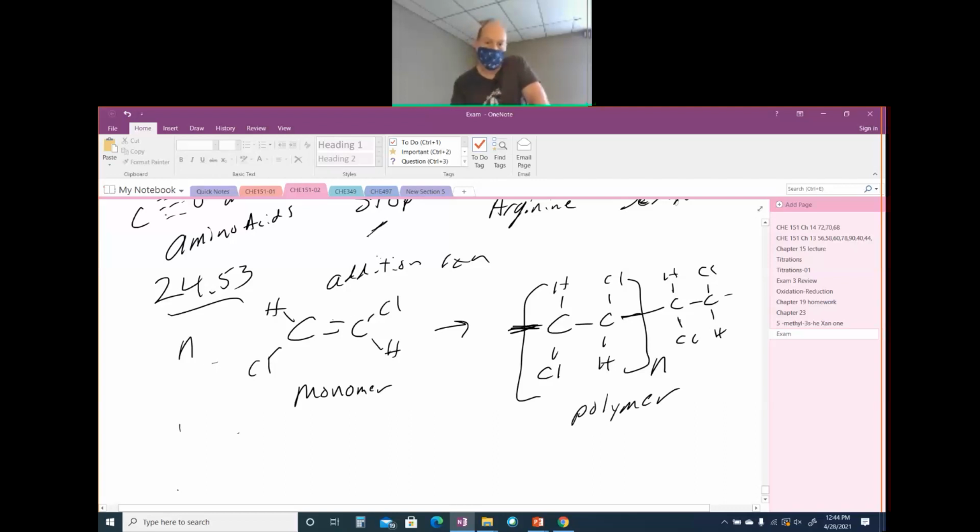All right, and so when you name it, this is trans-1,2-dichloroethene. All right, so to name it, it's really easy but strange, because to name it, you simply put the word poly in front of the monomer.